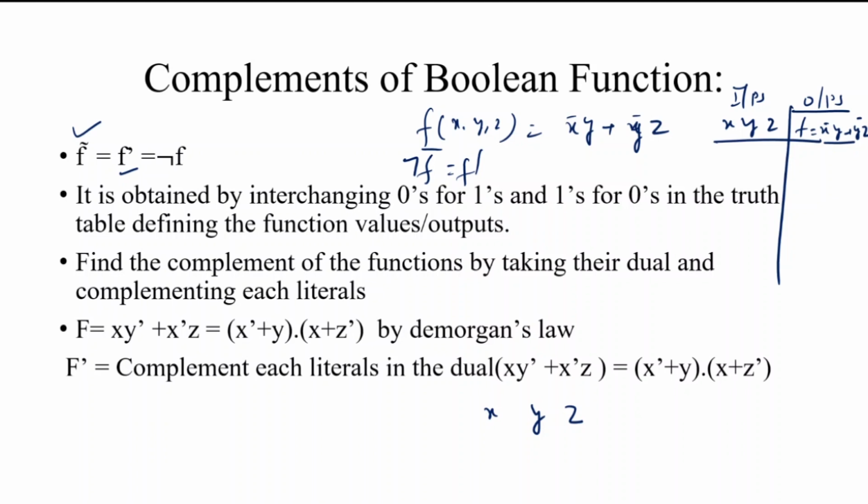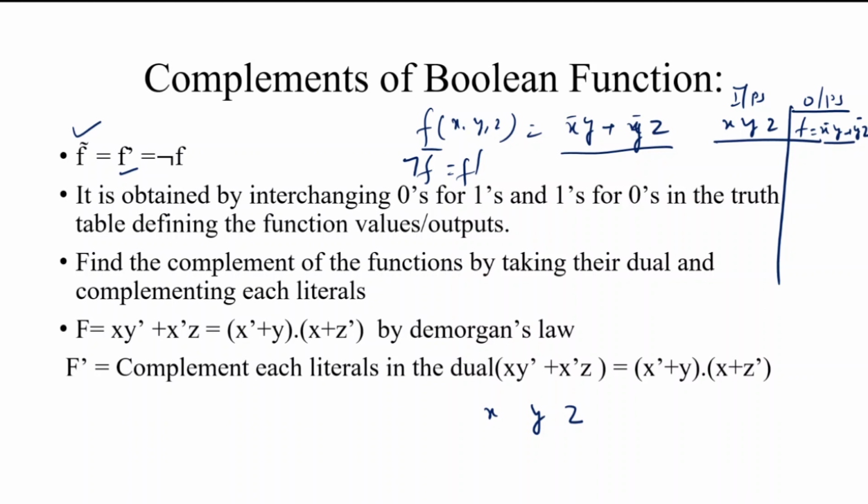Let us discuss it by taking an example, but here we also take another way of finding complements. For finding the complement of the function, we take its dual and complement each literal. So first we take the dual of the function. When we talk about the complement, in this particular possible input combination, after obtaining the dual of it, the output is 0 and the rest are 1.